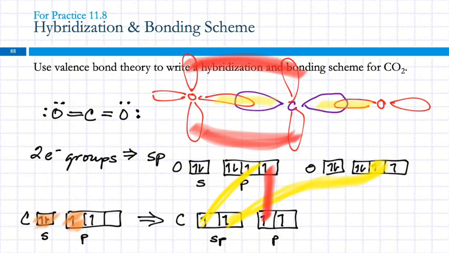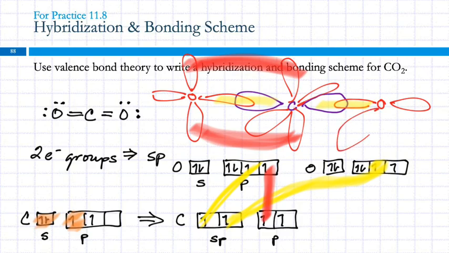And then over here, so if this is px and that's py, is this going to use the py to overlap with this carbon? This one's already being used. The carbon has a second p orbital, right? It's got the two p orbitals.